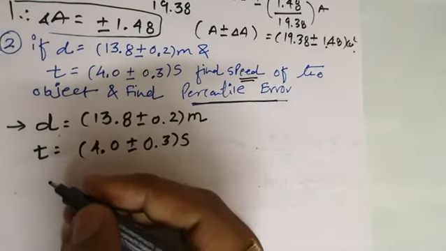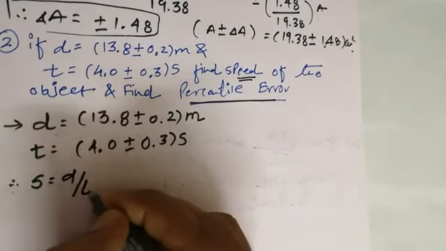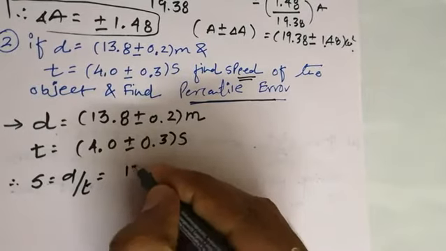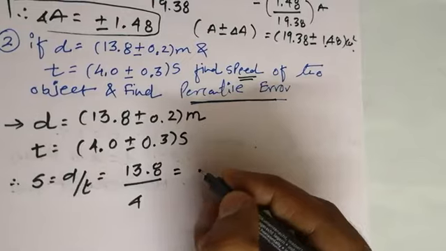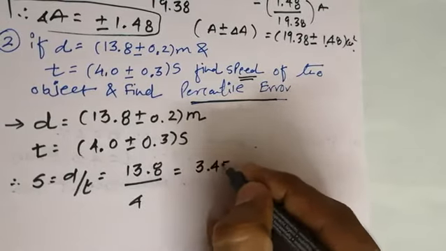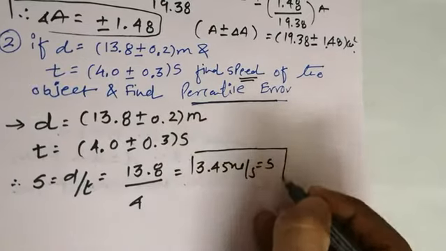First of all, you are aware that speed equals distance upon time. So the distance we have is 13.8 divided by 4, which gives us 3.45 meters per second. That is my speed.